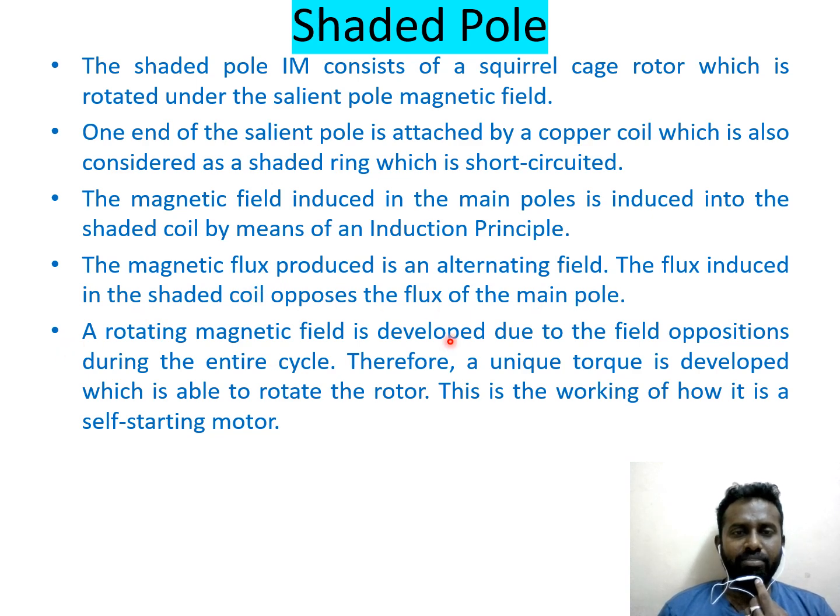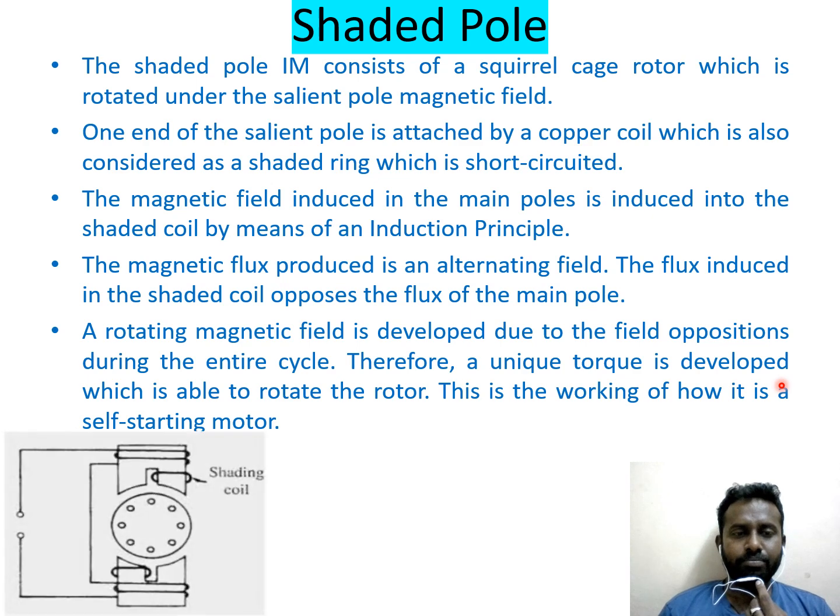A rotating magnetic field is developed due to the field oppositions during the entire cycle. Therefore, a unique torque is developed which is able to rotate the rotor. This is how it works and makes it self-starting. So this is a shading coil and this is a rotor, and this is what we have discussed now, the shaded pole, which makes it self-starting.